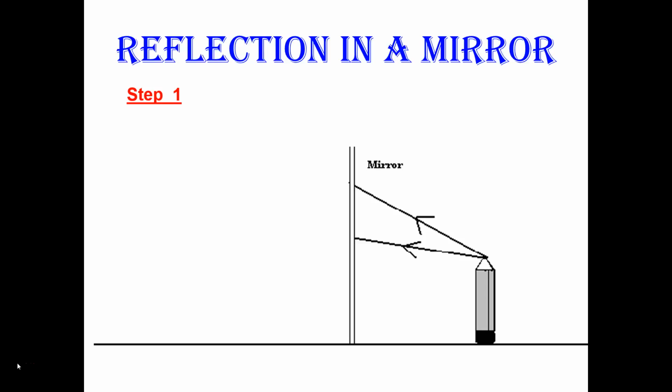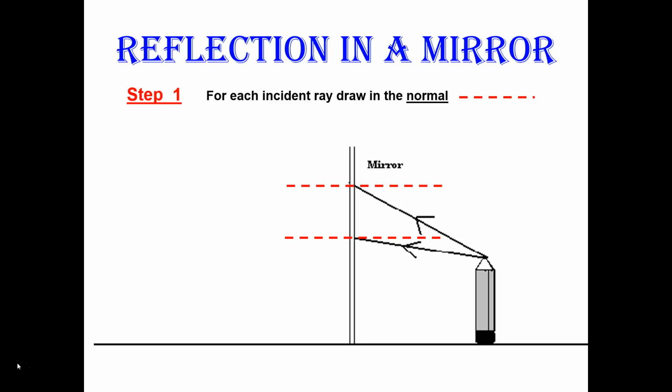So the first step is to draw normal lines where each incident ray strikes the face of the mirror. So one normal line goes in here, and the other normal line goes in here. Okay, so that's where the incident rays strike the normal. Now remember, you don't need to copy this down. You're only watching to see what happens.